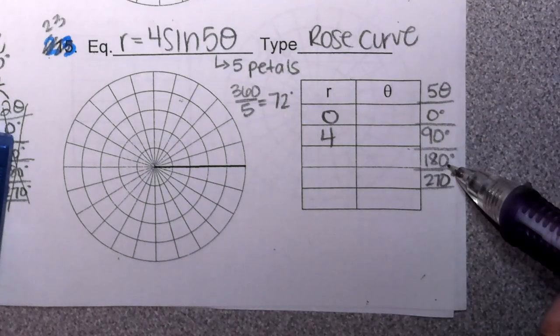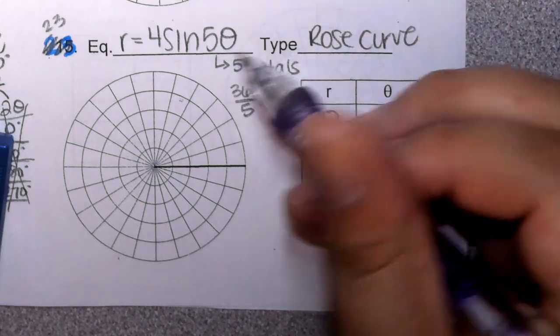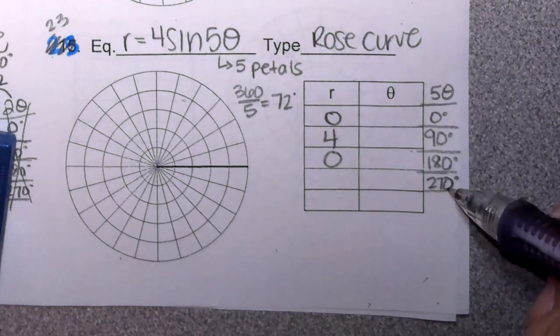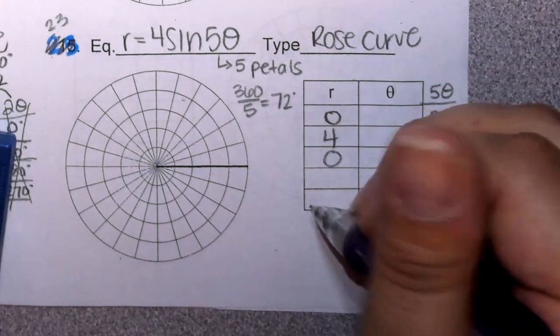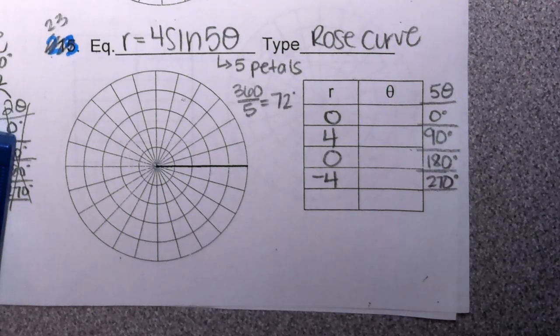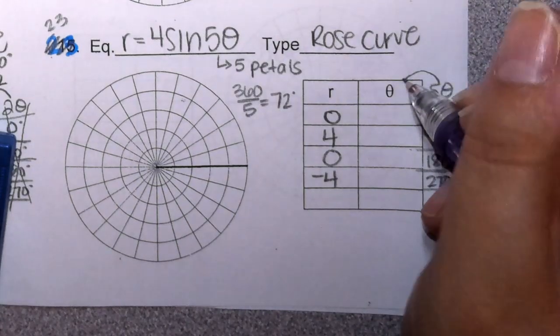Sine of 180, 0 times 4 is 0. And the sine of 270, negative 1 times 4 is, what do I do now? Divide it by 5.